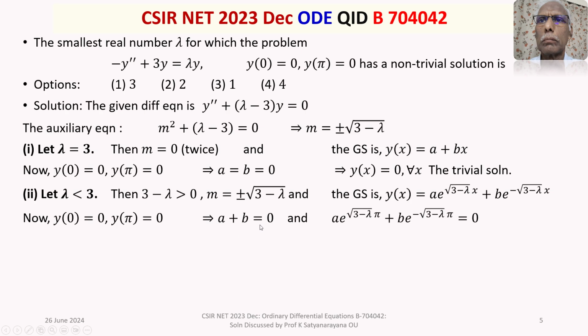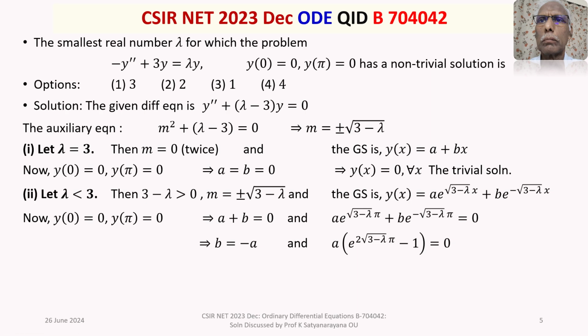From the first, a plus b equals 0, we get b equals minus a. Substitute in this, and e to the power of minus square root of (3 minus lambda) pi is written as 1 by e to the power of square root of (3 minus lambda) pi. Taking the LCM, you will get a times (e to the power of 2 times square root of (3 minus lambda) pi minus 1) equals 0.